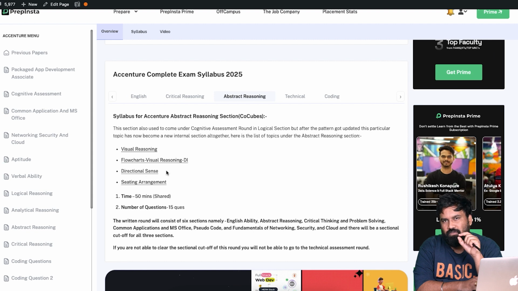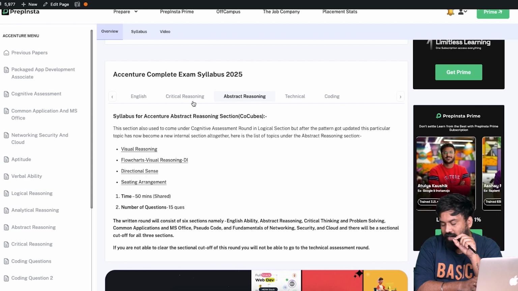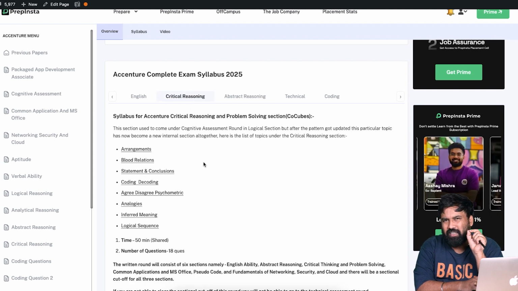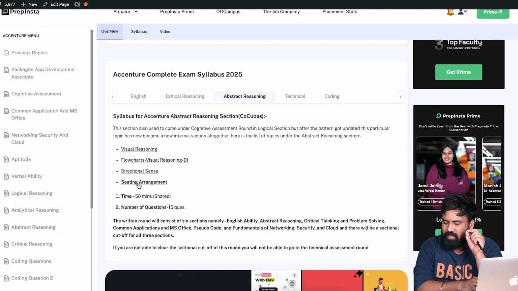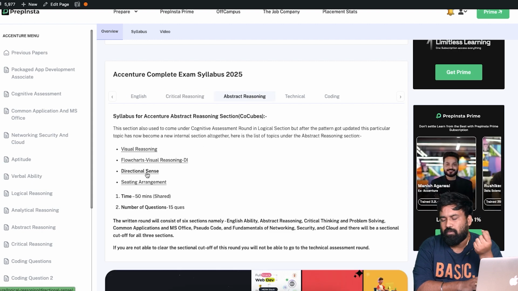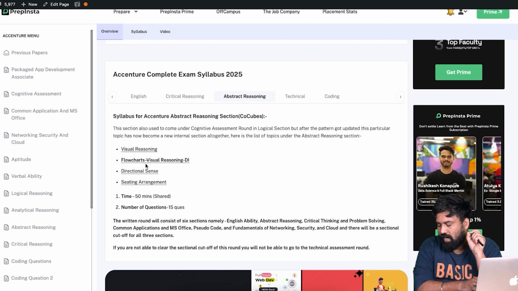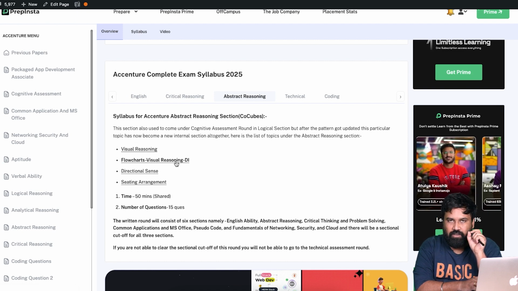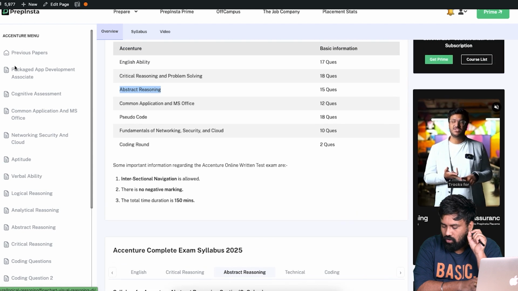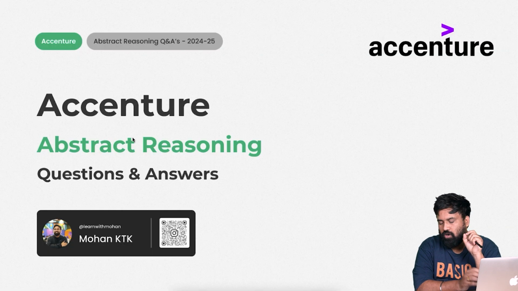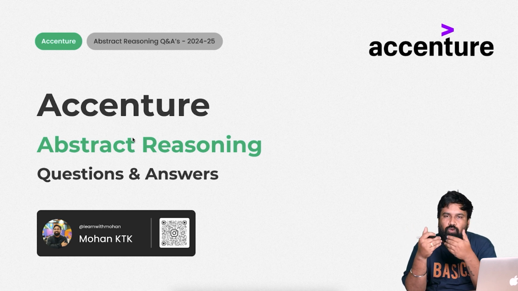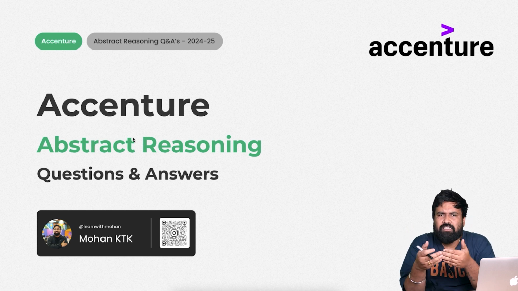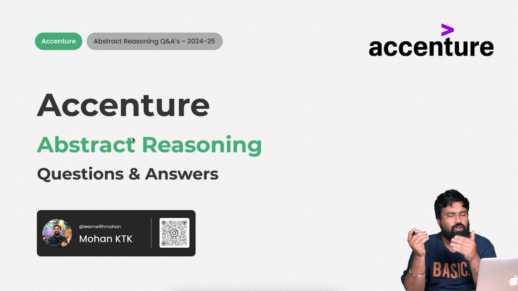The high-level direction and seating arrangement questions are asked in critical reasoning, but we are expecting just 10% of questions here, as observed in previous model papers. So majorly you need to focus on visual reasoning and visual reasoning DI, which is nothing but flowcharts. In this video, we are going to discuss the abstract reasoning questions. If you want to know about critical reasoning and problem solving, we already uploaded the video, you can watch it.